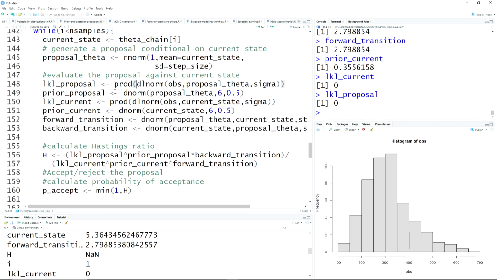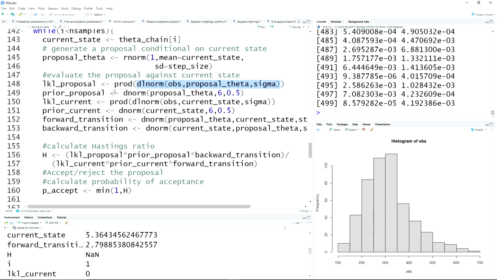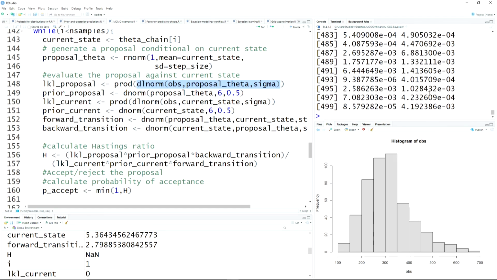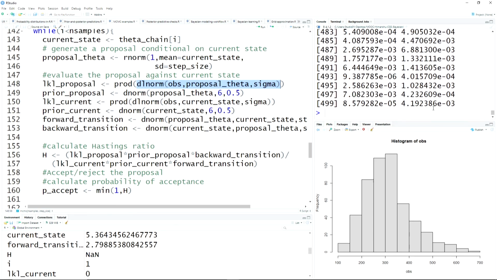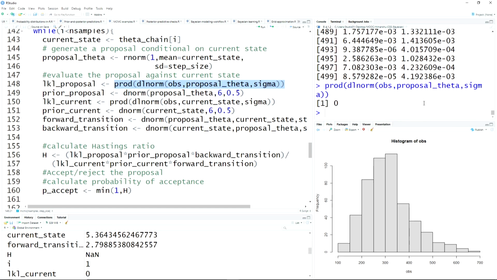Because when you are calculating the likelihood, you are calculating a likelihood value for each data point, but you end up getting 500 such likelihood values because you have 500 data points. When you take their product, it comes out to be 0 because R has these computational limitations.